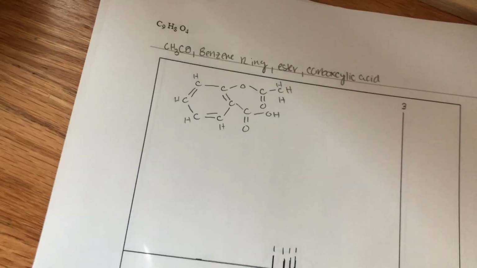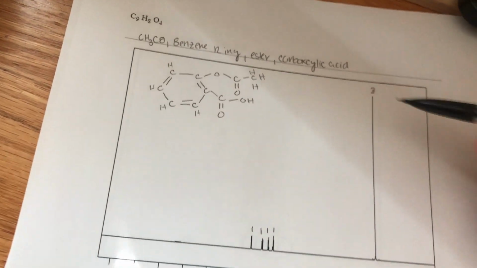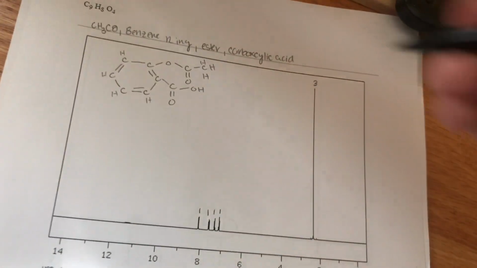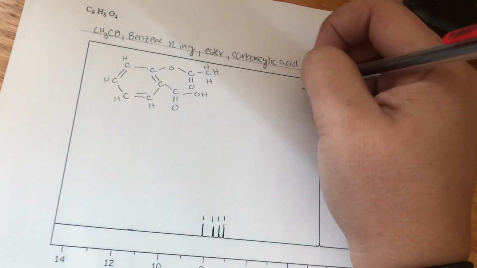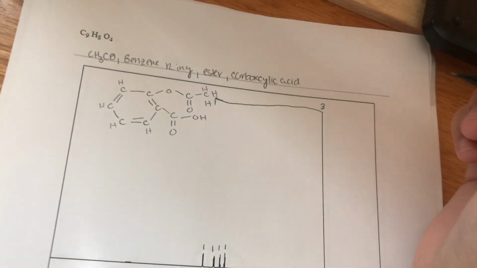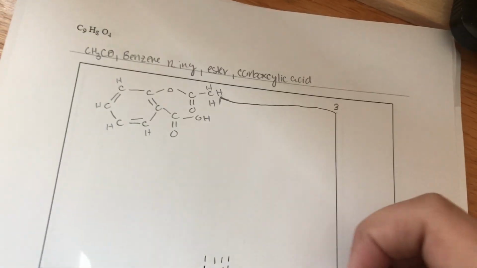Okay, so now we're going to look at the hydrogens. So the integration of 3 means this group of hydrogens. So that's going to be right there, and that is at about 2.3.